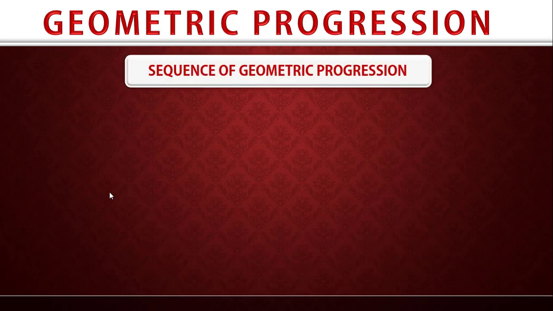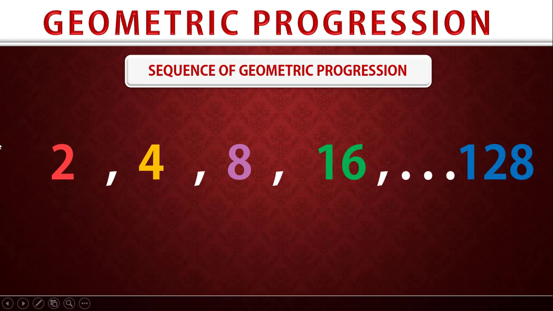Now let's look at the sequence of a geometric progression. We are just using an example right here. For instance, you're given this example: 2, 4, 8, 16, then 128. The first number here, 2, is the first term, and the one that follows it is called the second term.